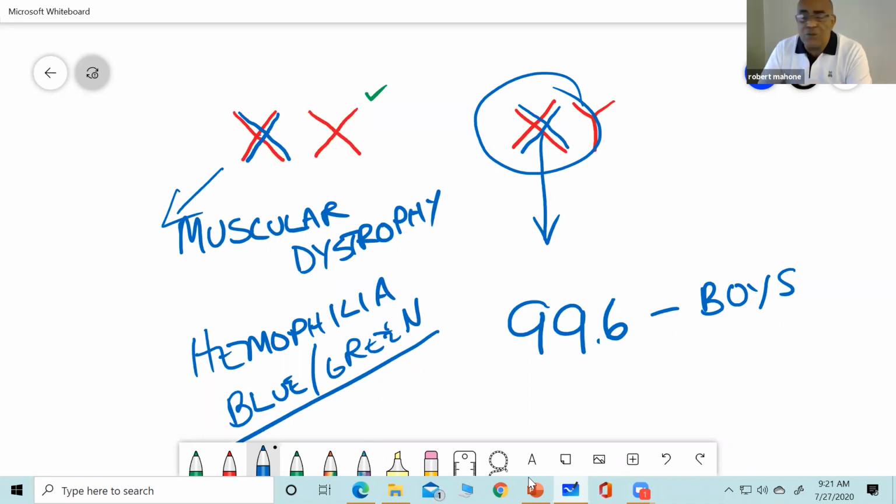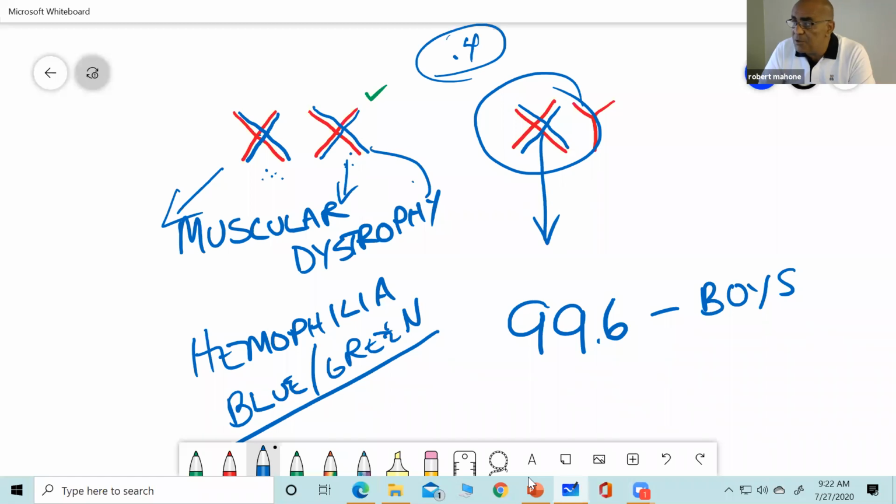Now, you could have a girl with an X-linked trait if she gets two diseased X chromosomes. The one from mama was diseased, and the one she got from dad was too. That's when you might see one of these happening in a girl, but that's only going to be 0.4% of the time.